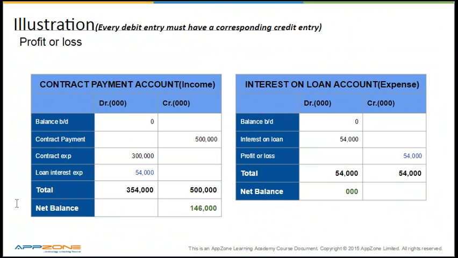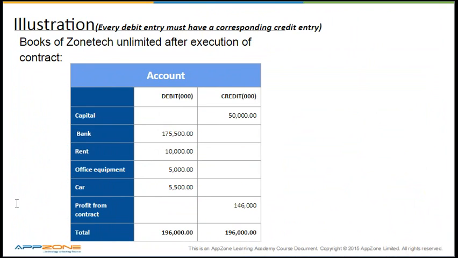So plugging what we have done into the summary of Zontech's account, we have capital of 50 million. Our bank account has just grown fatter due to the profit that we have made. Remember, when we started, our bank account had a balance of 29.5 million naira, but adding our profit made on the contract that we have just executed, our bank balance has increased to 175.5 million naira.